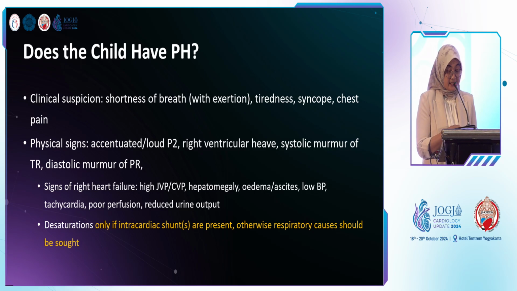We can also hear a loud second sound, a right ventricular heave because of right ventricle hypertrophy, the systolic murmur of tricuspid regurgitation, and also the diastolic murmur of pulmonary regurgitation. If the pulmonary hypertension is severe, then we can see signs of right heart failure as well as low cardiac output syndrome. Desaturation in pulmonary hypertension can occur only if there is an intracardiac shunt.